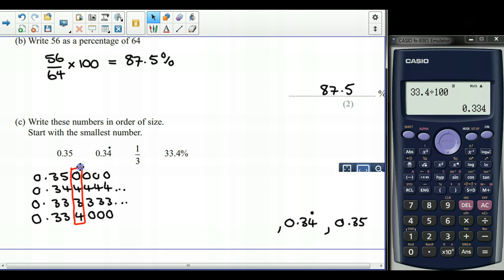So you have to go to the following one to realise that the bottom one is the next largest. 0.334, or actually, as I should write, the number that we were given originally, which is 33.4%, and then finally that leaves us with 1/3 being the smallest. So the best way to compare these numbers is to convert them all to either decimals or percentages, really.